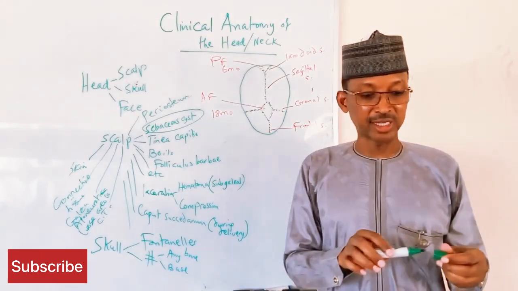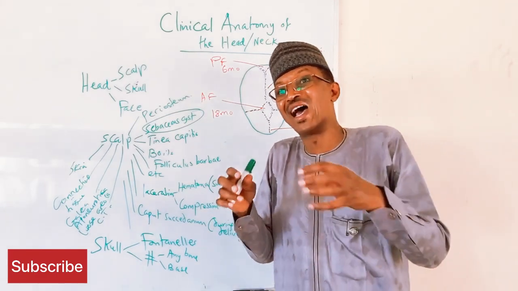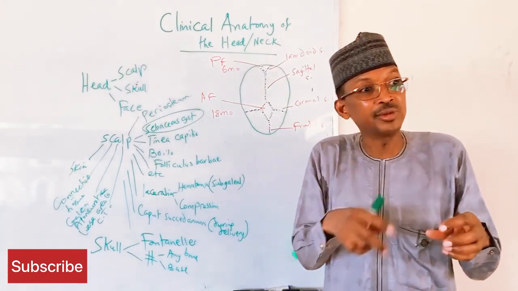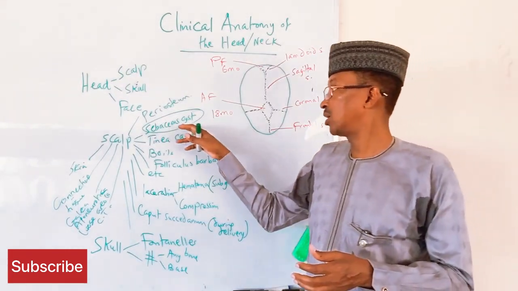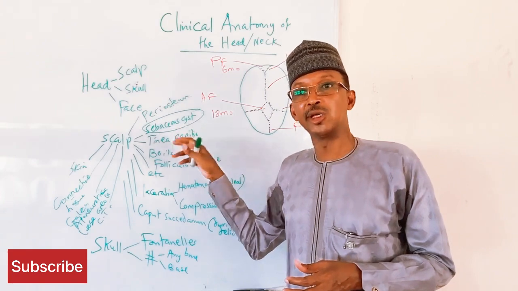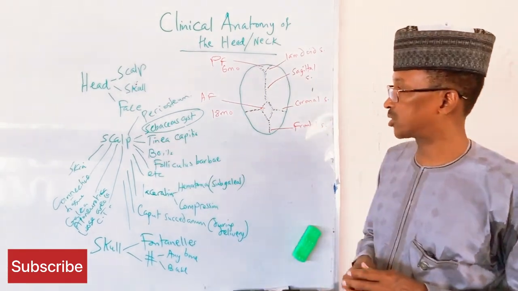So sebaceous cyst is a cyst developing from the sebaceous glands around the skin of the scalp. Sebaceous cyst is very common, and the scalp can easily develop it.